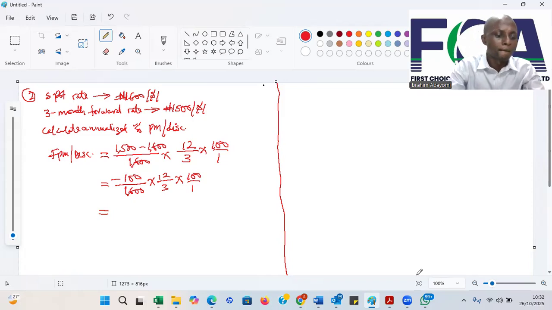So 100 divided by 1,600 multiplied by 12 divided by 3 times 100 gives 25%. Let me confirm that figure. Yes, 25%.